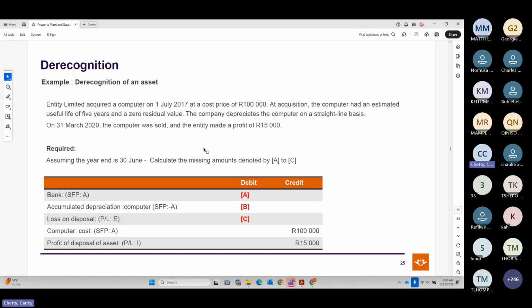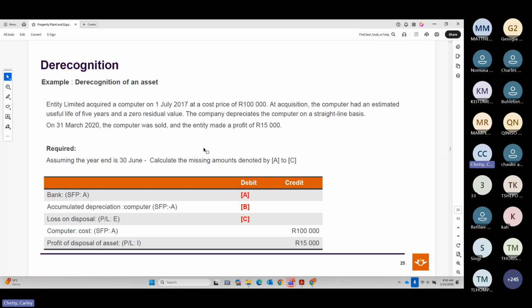The company depreciates the computer on a straight line basis. On 31 March 2020, the computer was sold and the entity made a profit of 15,000 Rand. Assuming the year end is 30 June, calculate the missing amounts denoted by A to C.